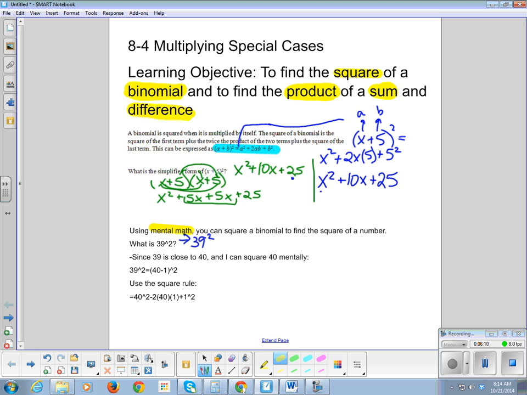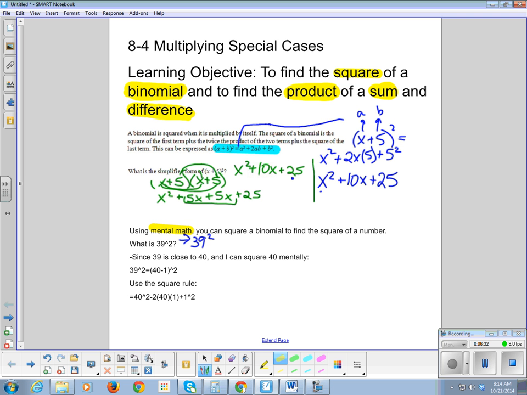Now, my version of mental math would be, I would write 39, and I would write the times symbol, and I would write 39 right underneath, and I would go ballistic at it, times, times, times, get it down to a number. But that is not using mental math. So instead, we're going to use this binomial process.